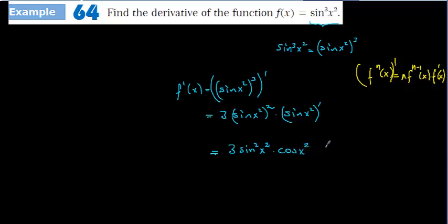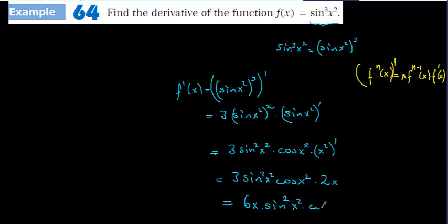So cosine x squared times x squared derivative, which is equal to 3 sine square x squared cosine x squared times 2x. At the end we can write it like this: 3 times 2x is 6x, so it is equal to 6x sine square x squared times cosine x squared.